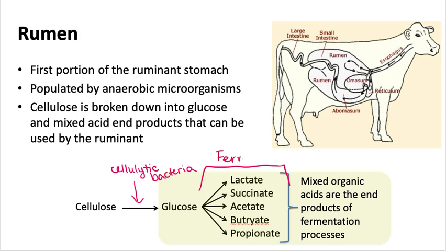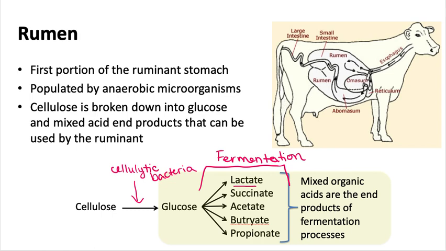So when glucose is fermented, remember fermentation is an anaerobic process that results in the partial breakdown of an organic substrate. And so lactic acid fermentation was one type of fermentation we learned about, but in the rumen of a ruminant, we'll also get the formation of a whole bunch of other fatty acids.